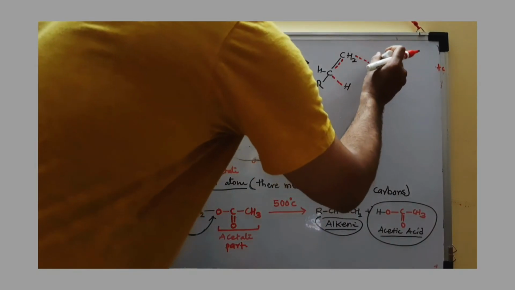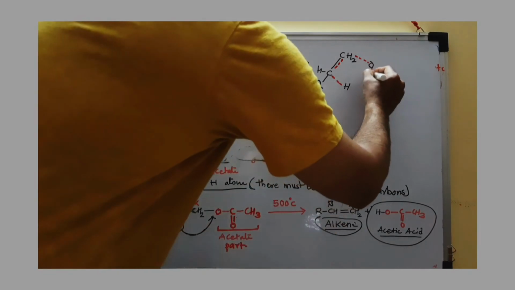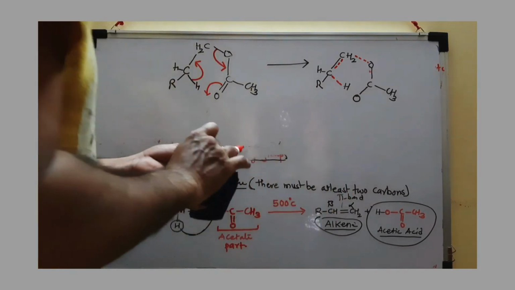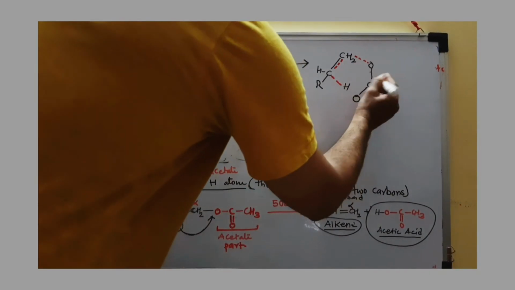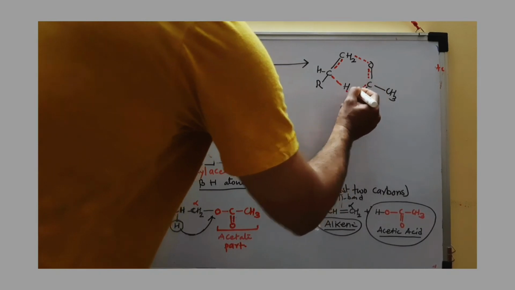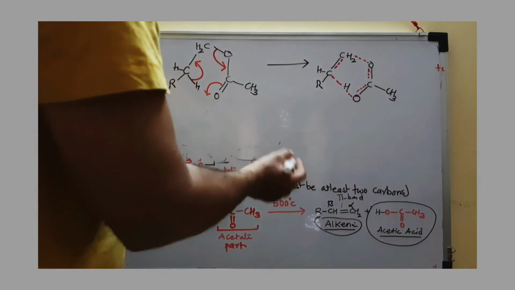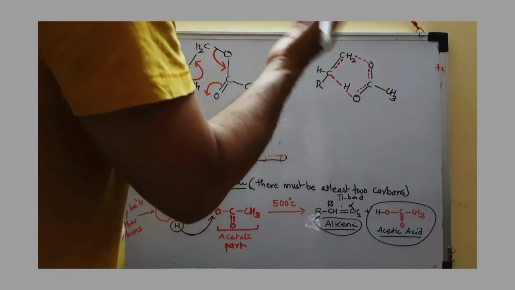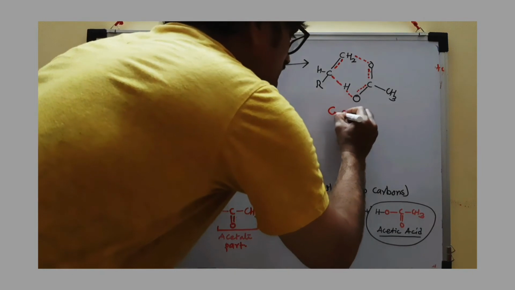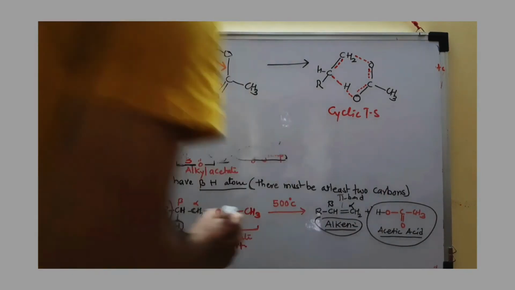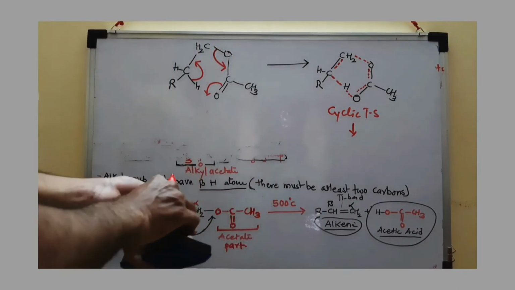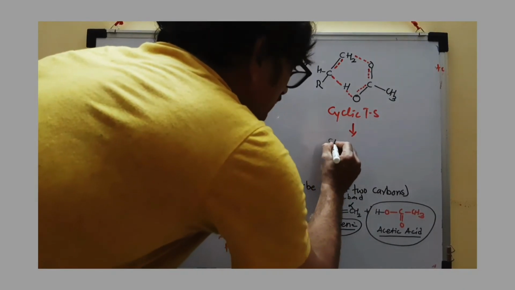I'm using different colors, and CH3, one bond is still there, and see this bond is formed, this bond is broken, and this bond is formed. So if I draw the bonds which are being broken and the bonds which are being formed by using a dotted line, we get the cyclic transition state, and this cyclic transition state is now converted to our alkene, our product.